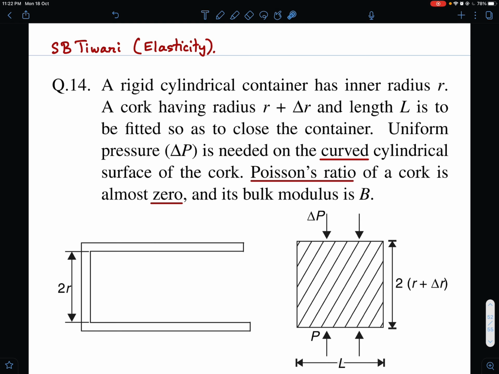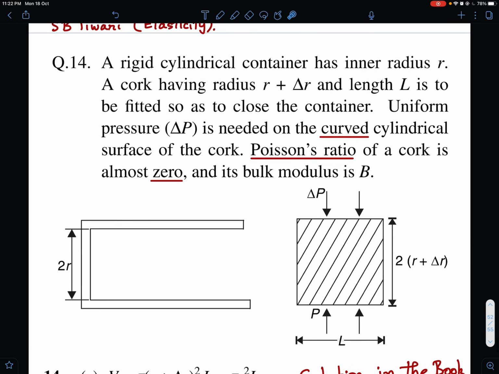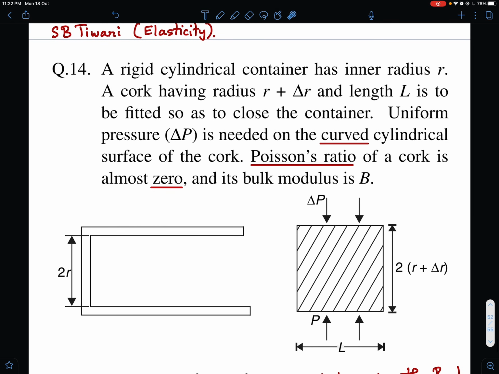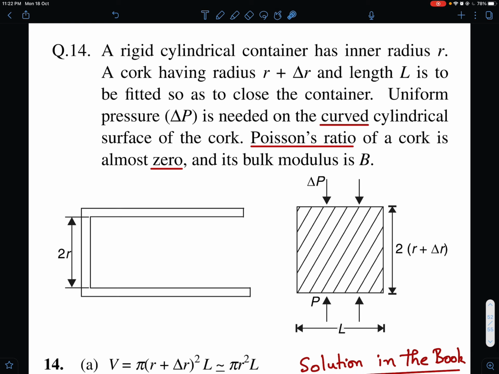So now let's see what's the solution given in the book. And what is it that we need to find out? I forgot to copy the entire question. After this the book asks us to find out, let me just write down.